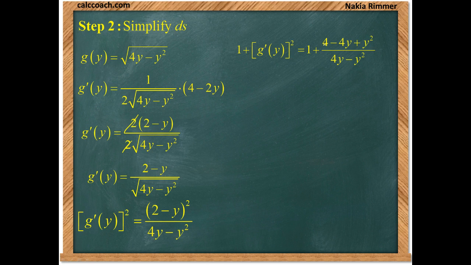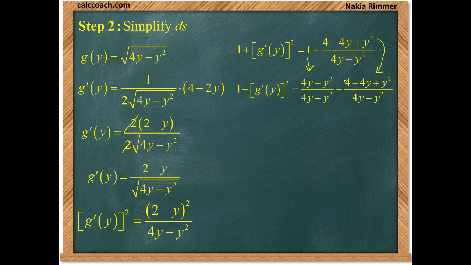But we need to combine them first by renaming 1 to be 4y minus y squared all over 4y minus y squared. So this is just our 1. And now we can combine these two together. We have the other numerator, and now our new renaming of 1 is this, and we notice that there's some cancellation.